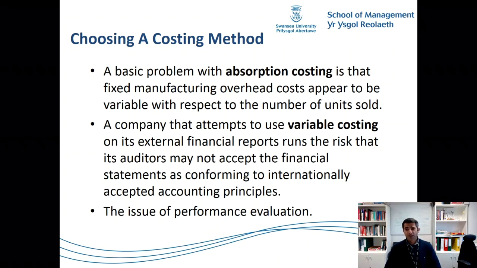A company that attempts to use variable costing on external financial reports runs the risk that it is not accepted. The absorption costing method is the method which is accepted by international accepted accounting principles. This is important to remember here.